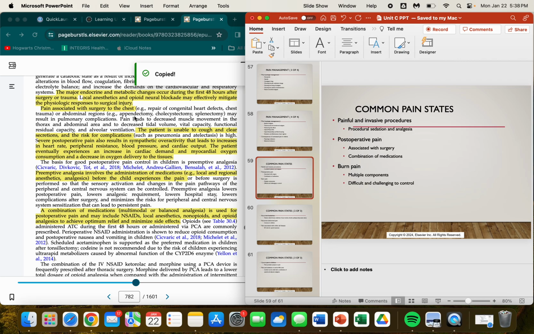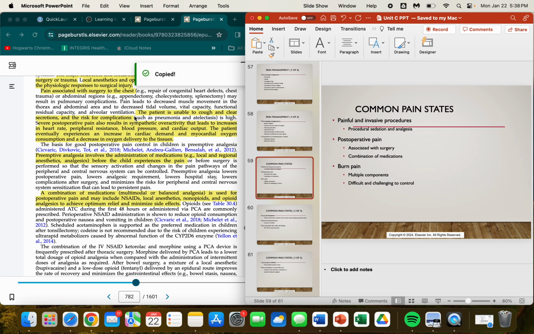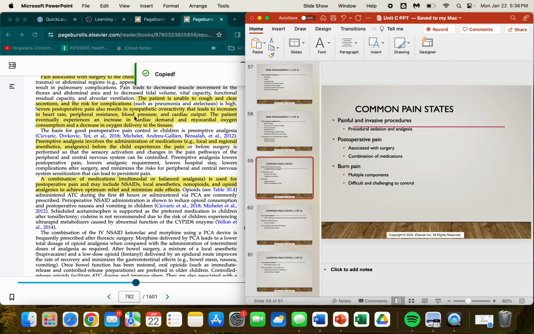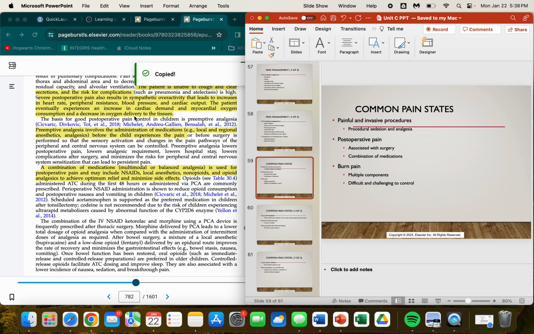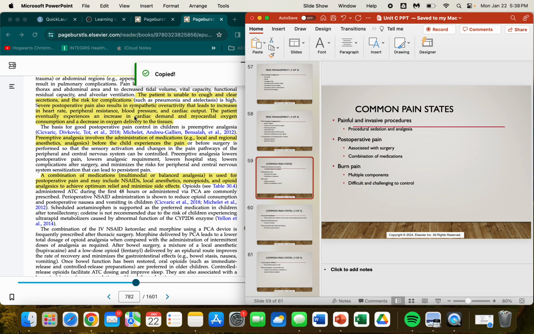Again, if pain is associated with surgery, it's primarily to the abdomen or the chest. If the patient's unable to cough or clear secretions, that obviously increases our risk for things like pneumonia. Severe post-op pain can also result in sympathetic responses that cause increased heart rate, increased blood pressure, and increased cardiac output.